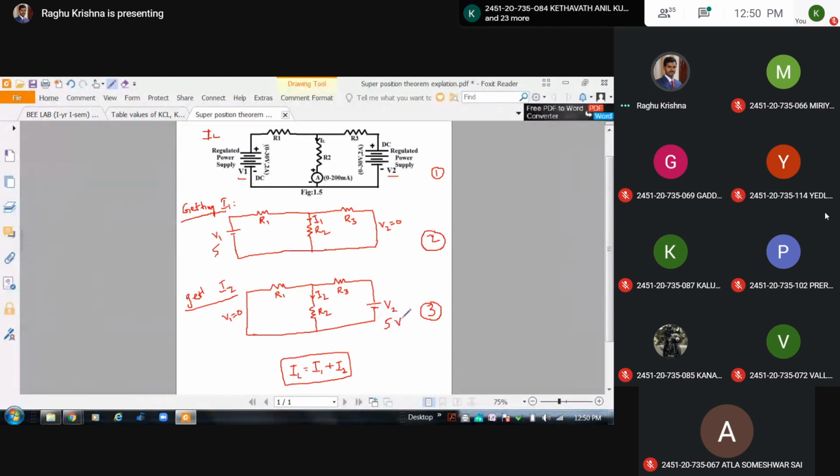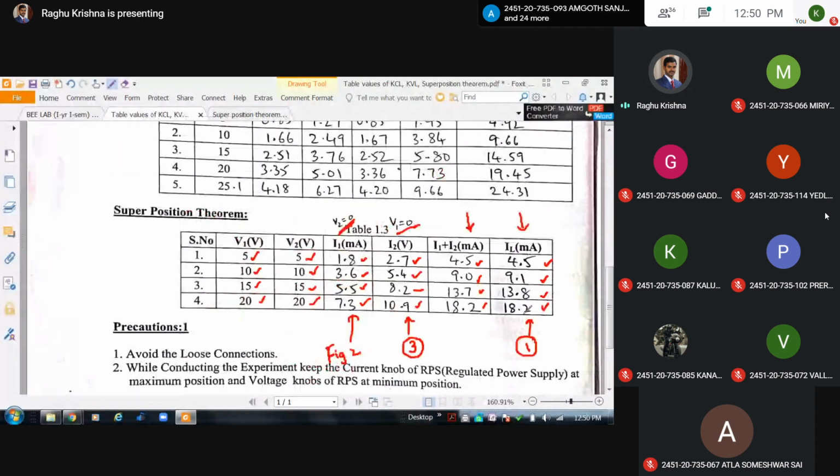And here, V1 equals 5 volts and V2 is also 5 volts. If you apply both voltages, then I will be getting IL. So I noted this IL in the last column, and you can observe that I1 plus I2 will be equal to IL.